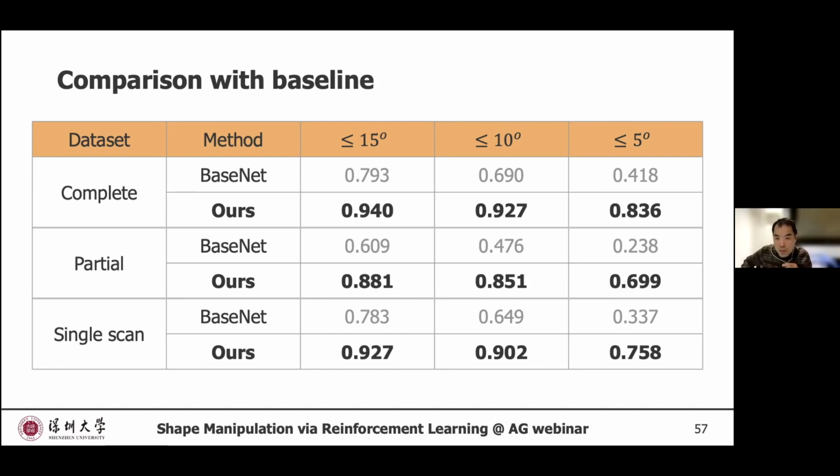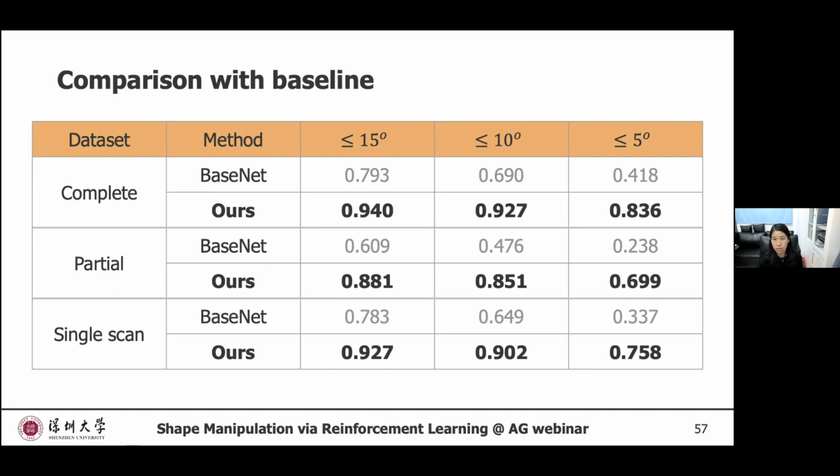Actually, he means iterating the regression process multiple times, one step at a time. I see. Okay, then the problem will be during testing: you don't know when to stop for the supervised method. For reinforcement learning, we added the stop action, so once we sample the stop action, I will just stop.